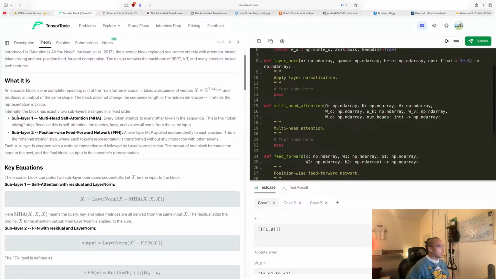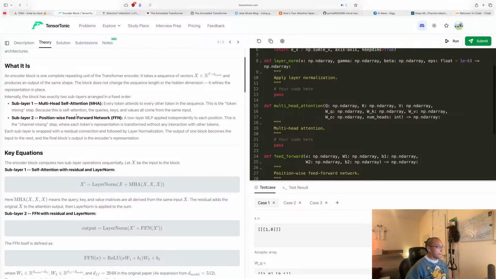Okay. Internally, the block has exactly two sublayers arranged in a fixed order. Sublayer 1 is multi-head self-attention. Every token attends to every other token in the sequence. This is the token mixing step. Because this is self-attention, the queries, keys, and values all come from the same input.